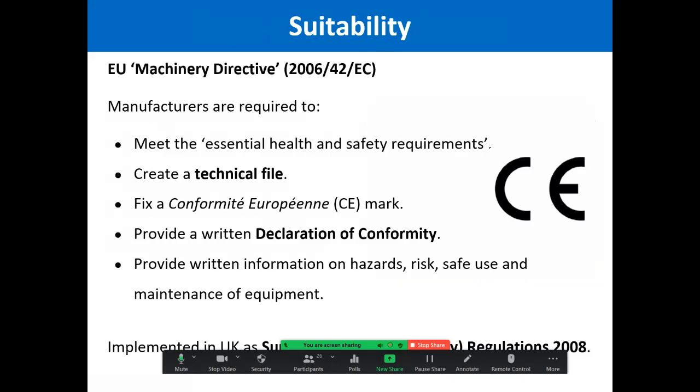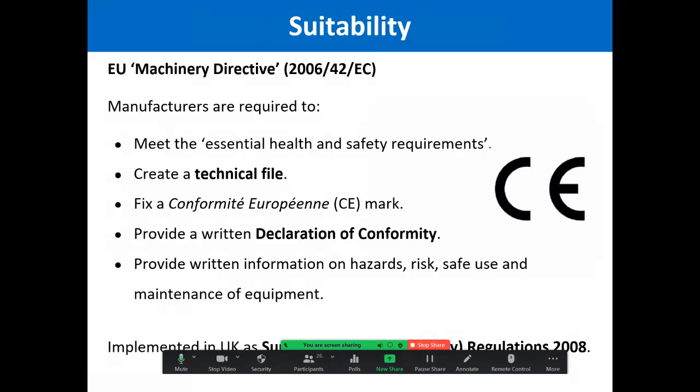Okay, so whenever we use any machinery or equipment or any tool, we must make sure that it is suitable for the work that we are carrying out. The suitability of any equipment is very important to identify, because if you use the wrong piece of equipment for a certain job, it can create hazards.